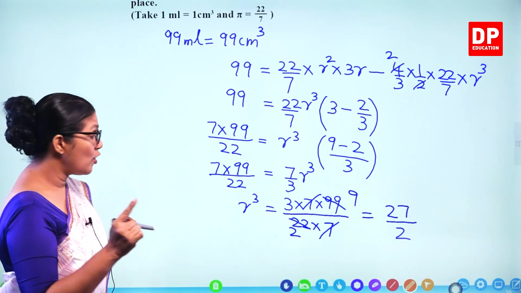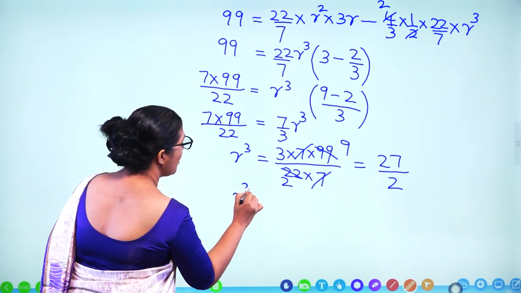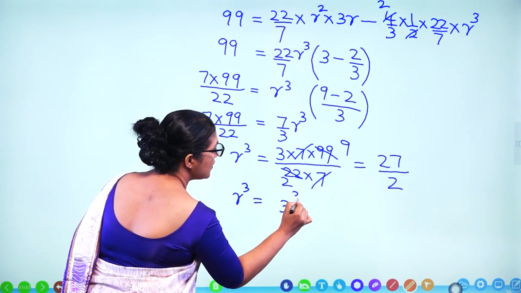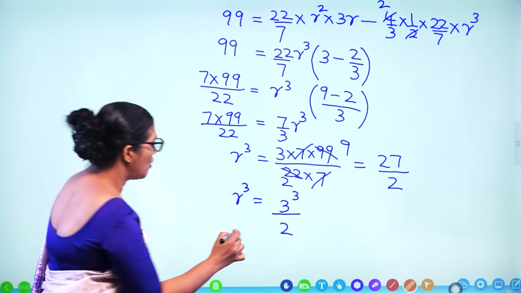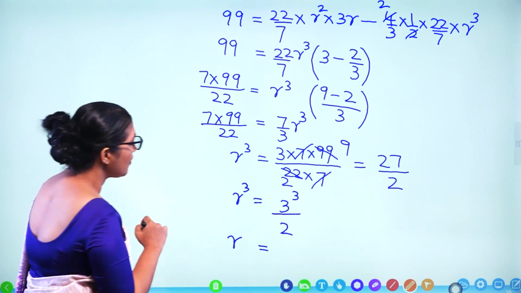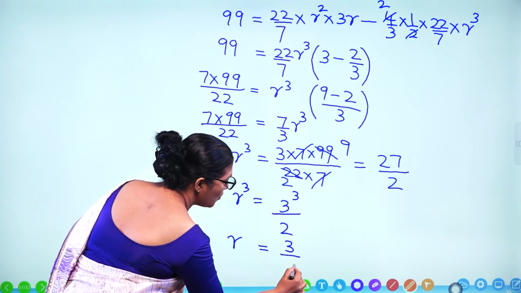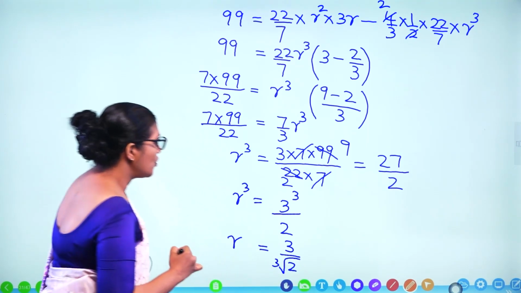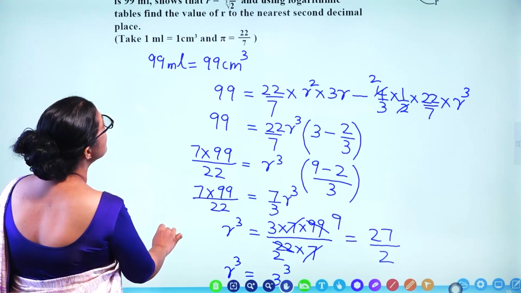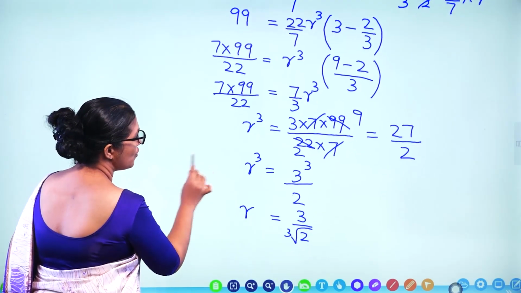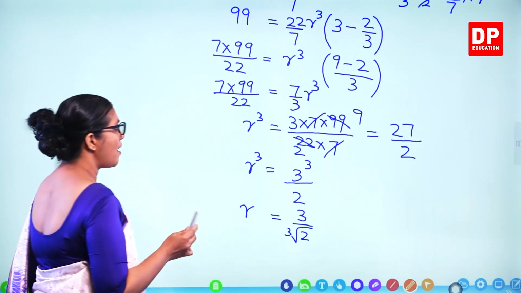So when you take the cube root, R cube is 27 over 2, meaning 3 to the power 3 over 2. When you take the cube root of both sides, r becomes 3 over the cube root of 2. So that's what we need: r equals 3 over cube root of 2. That's the proof. Using the volumes, we showed that r equals this.